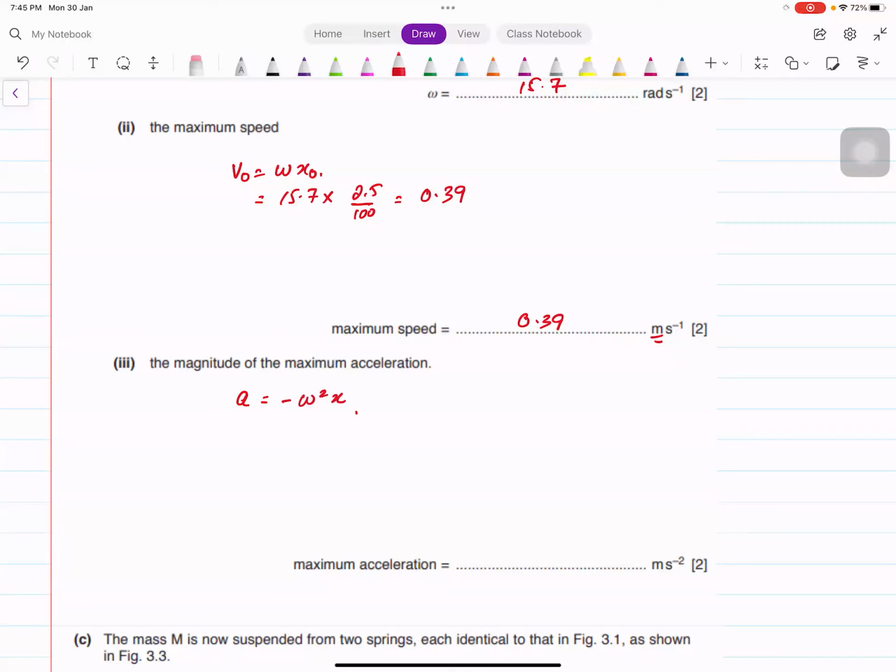Remember this? So if we want to find the maximum acceleration, we want to use maximum displacement. This is 15.7 whole squared times the displacement, 2.5 divided by 100. Okay, can you find the answer, please?